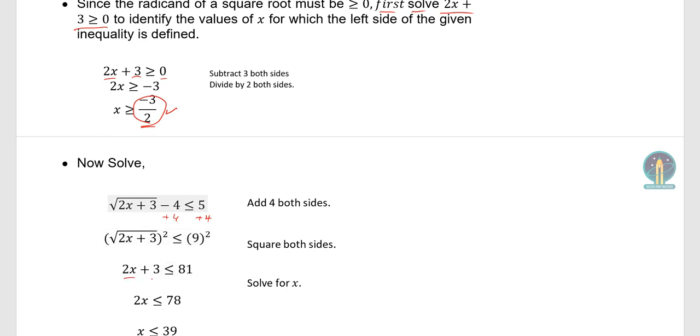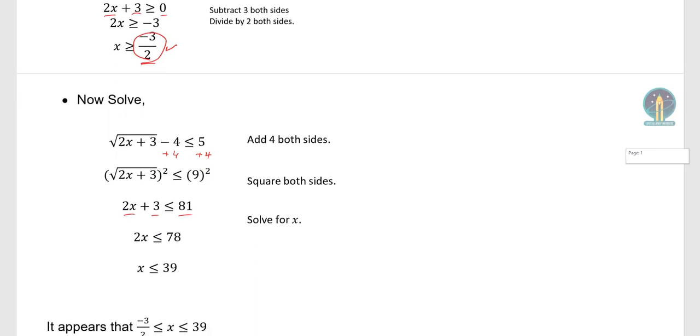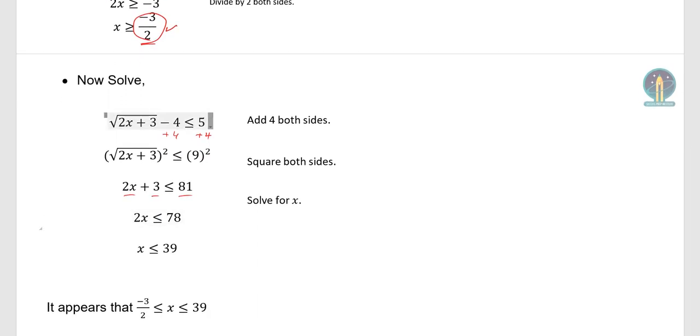So 2x plus 3 is less than or equal to 81. Just solve for x, standard algebraic manipulation. 2x is less than or equal to 78. X is less than or equal to 39. So for the entire inequality, x has to be less than or equal to 39.